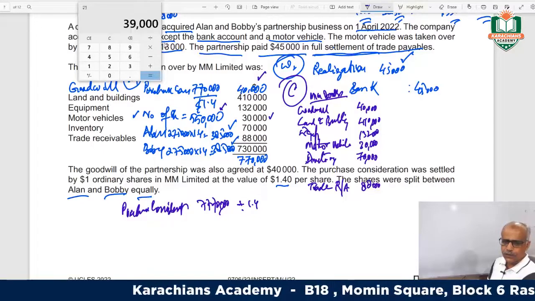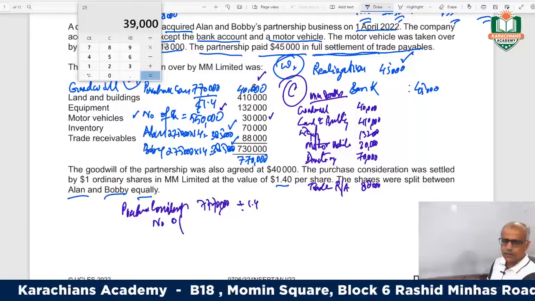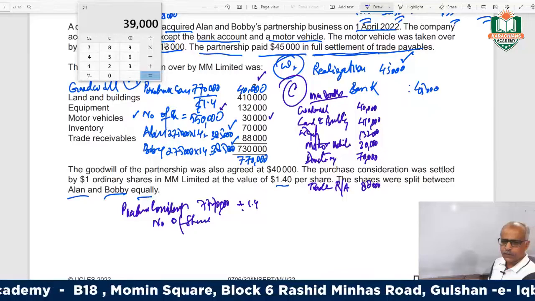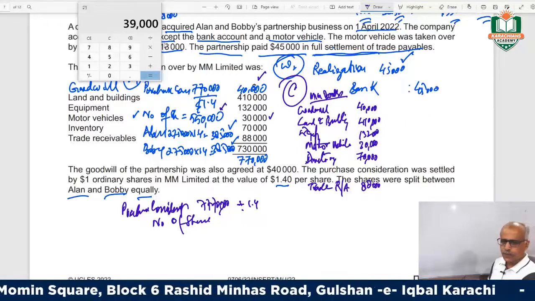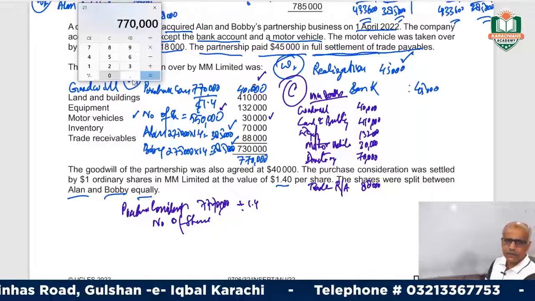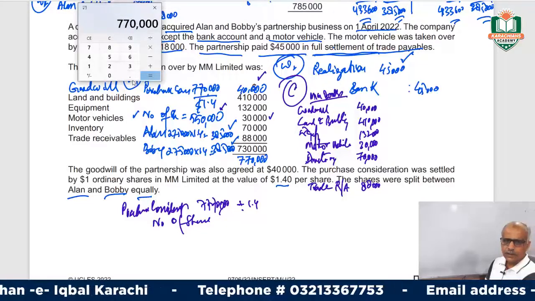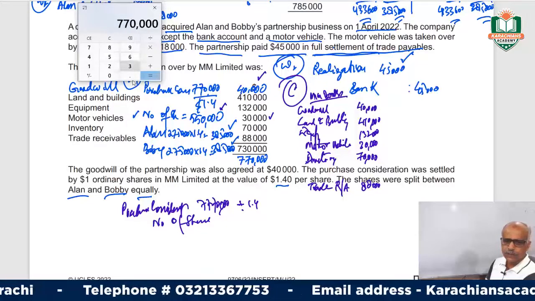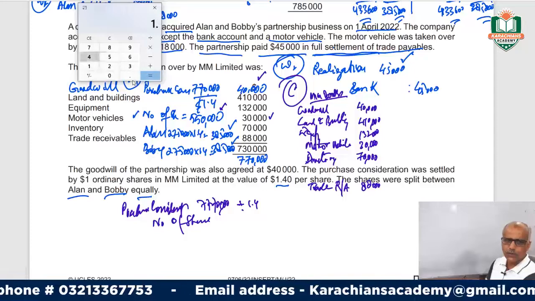So for the number of shares, you simply divide 770,000 by 1.4.